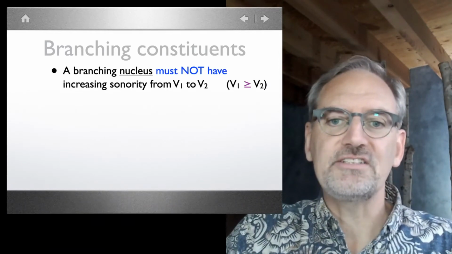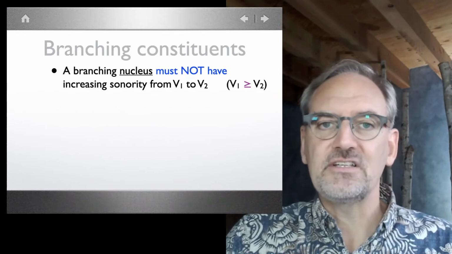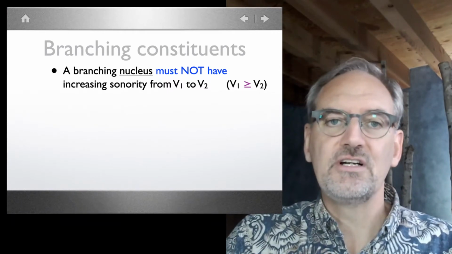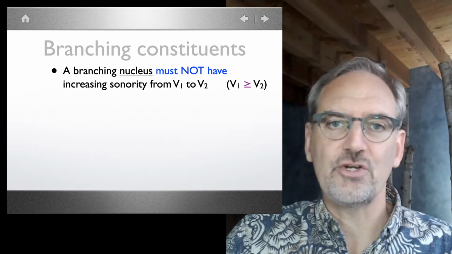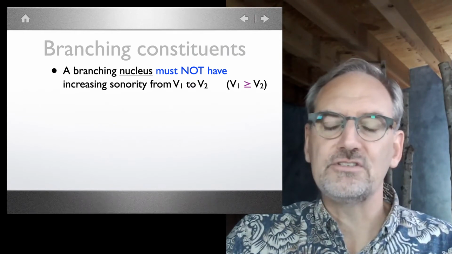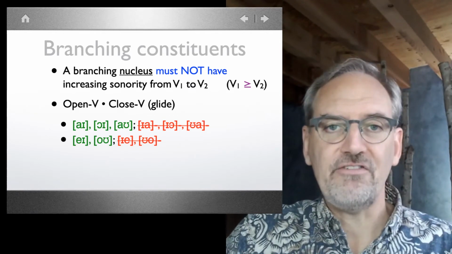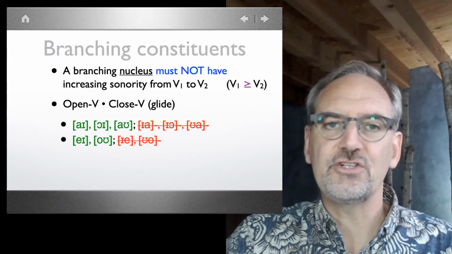Now, turning to the nucleus, it is part of the rhyme, and for that reason, its restrictions resemble the coda restrictions. A branching nucleus must not have increasing sonority from the first vowel to the second vowel. And as a result, when we have diphthongs, the first vowel always has greater sonority.